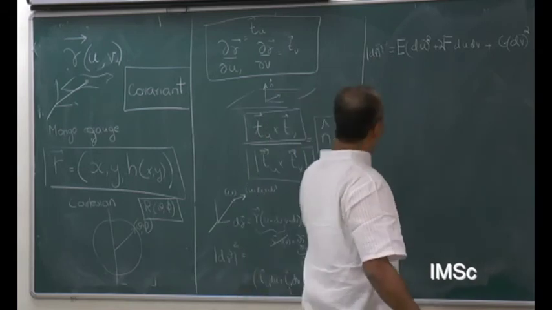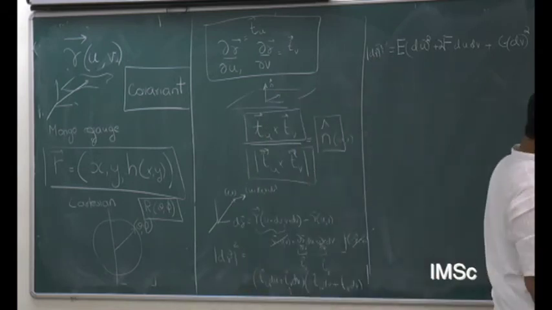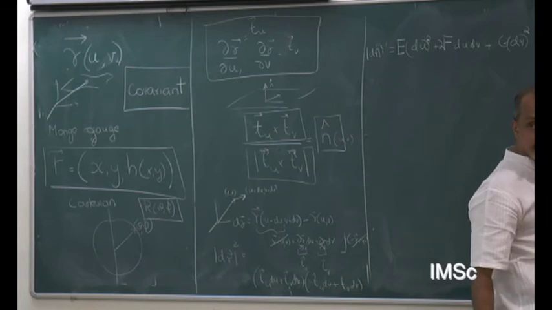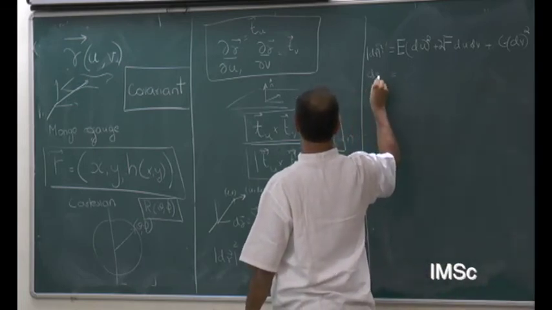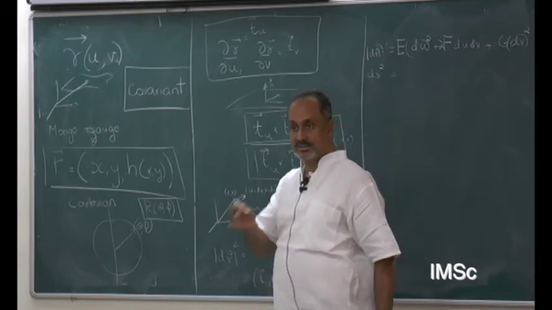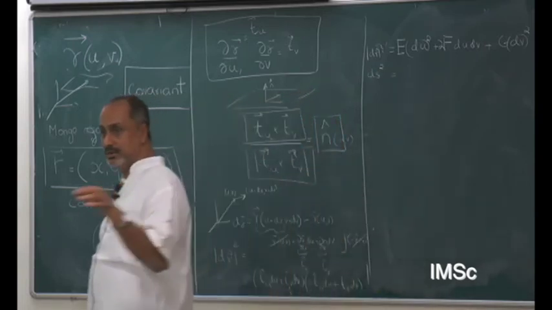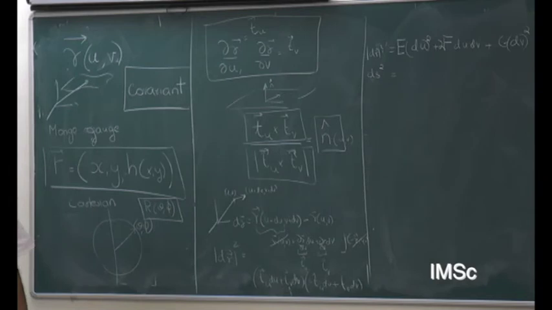But now remember, we did the same thing earlier in looking at the infinitesimal distance between 2 points. So this is just what we earlier called ds squared. It's just the distance internally on the surface between 2 points that are infinitesimally close to each other.